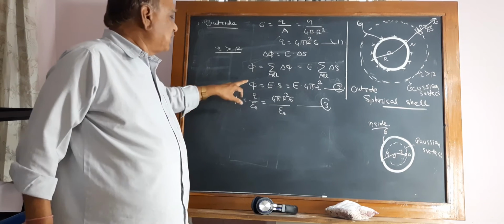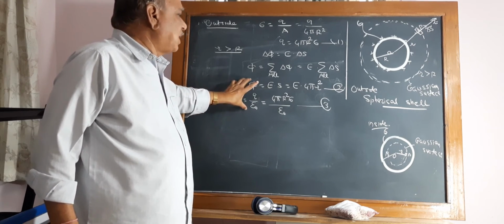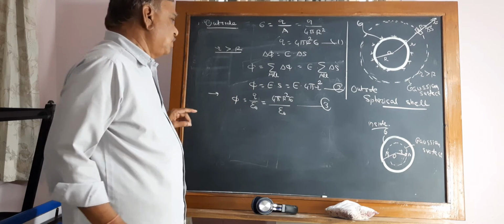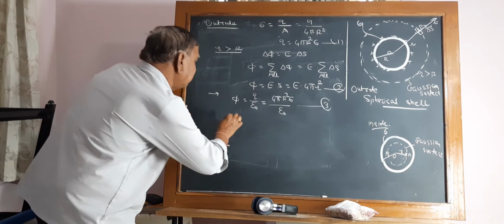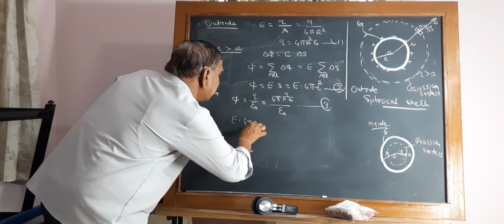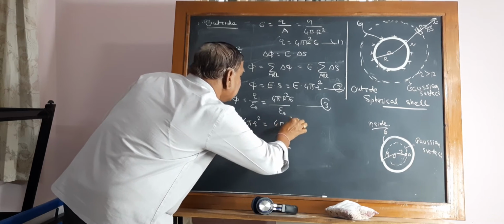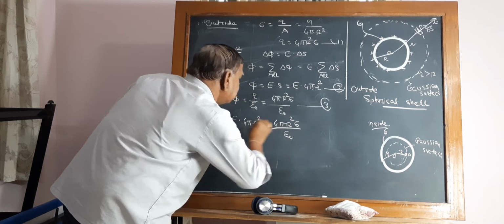Now comparing equation 2 and 3. Both are for the flux. So we can write E into 4 pi r square equal to 4 pi R square sigma by epsilon 0.